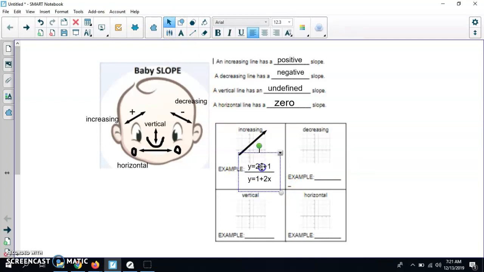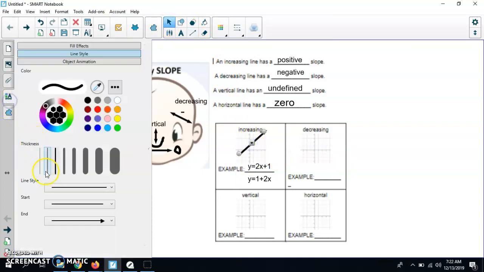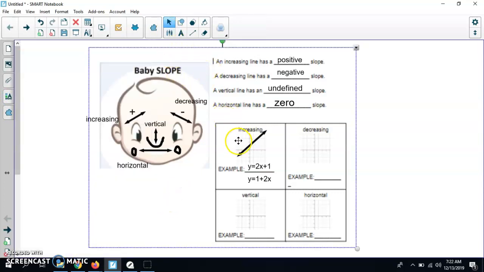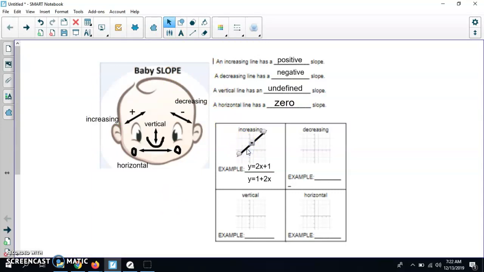All right, next up, our decreasing line. So a line that is decreasing, and I'm going to fix this up and make sure there's an arrow at each end. So start with an arrow, end with an arrow. Okay, let's do our next line. We're going to draw another example, and this example is going to be decreasing. Decreasing means it's going down like this. If it's decreasing, let's say this is a pretty shallow decrease, something like that.